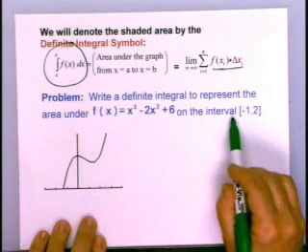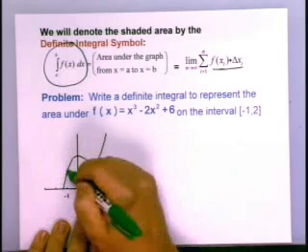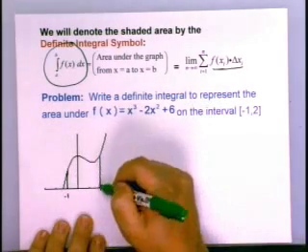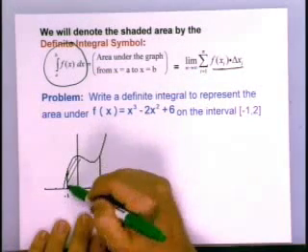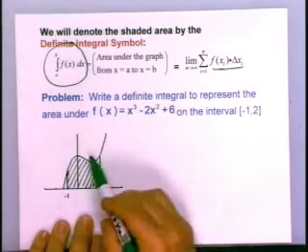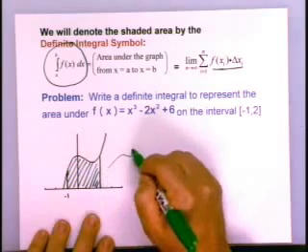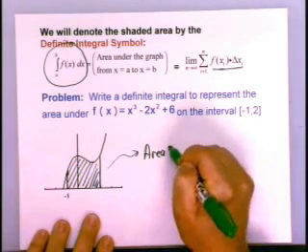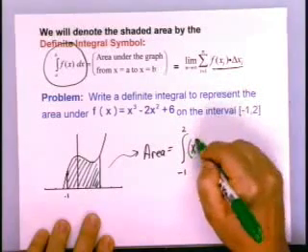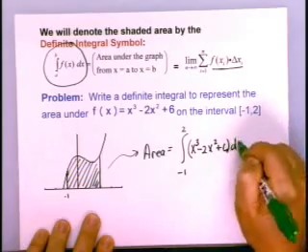We want to get the area on the closed interval from -1 to 2, so I'll locate -1, drop a vertical line, locate 2, draw a vertical line, and this is the area that would be bounded, the area under this function from -1 to 2. And the definite integral that would represent this area would be the integral from -1 to 2 of the function x cubed minus 2x squared plus 6 dx.